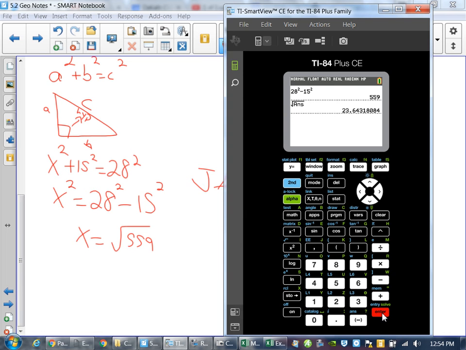Sometimes it might say simplified radical form, which that is, or it could say round to the nearest hundredth, 2 decimal places. Do you know how to convert that to a decimal on that calculator? Hit the double arrows, yeah. On this one here, once you get where it says the square root of 559, if you hit the button right above enter, the double arrow, it'll give you, oops, I didn't screw it up.